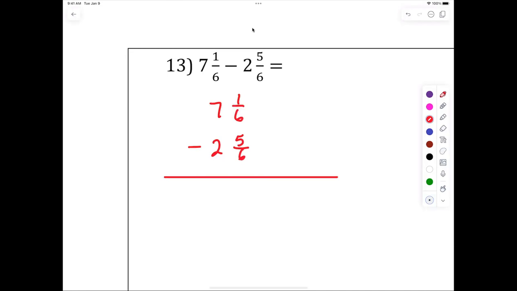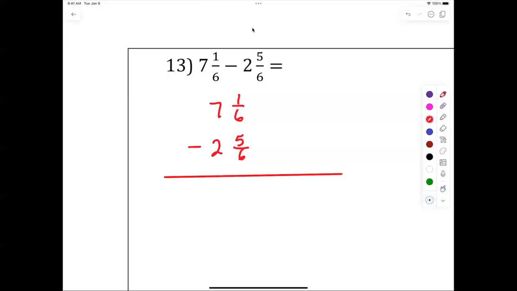Now we have some major problems on this one. What do I need to do for this problem? You need to do 7 minus 2. Nope. You have to borrow. Thank you, sir. We have to borrow.